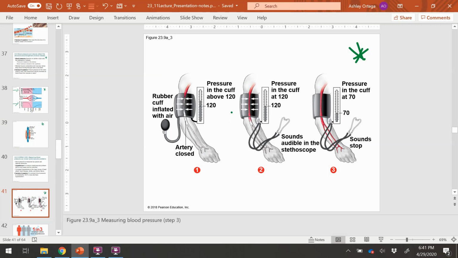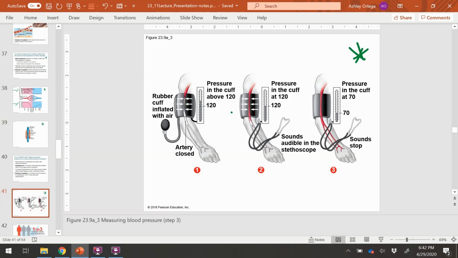Then, above 120, you start slowly deflating the cuff, listening through the stethoscope. As the pressure decreases in the cuff, it's compared to the pressure in the artery. When the pressure in the artery equals the pressure in the cuff, the blood starts to flow, and you'll hear a very faint trickling sound.